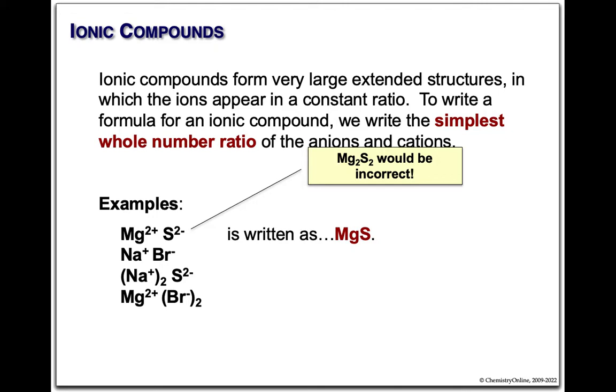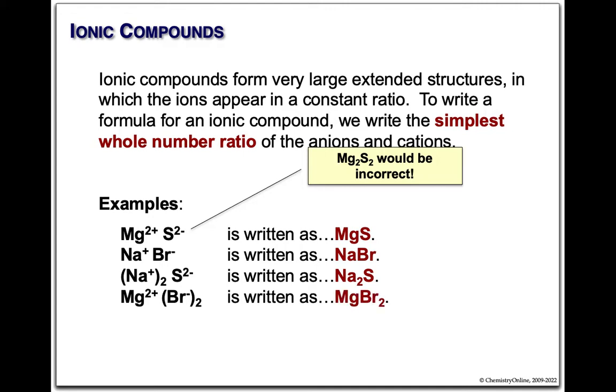The lowest whole number ratio. Sodium bromide, +1, -1, NaBr. Here we have 2 sodiums and we have 1 sulfur. Again, we show this using this subscript after sodium to show we have 2 sodiums for every sulfur. 1 magnesium, 2 bromines, 1 magnesium, and Br2.